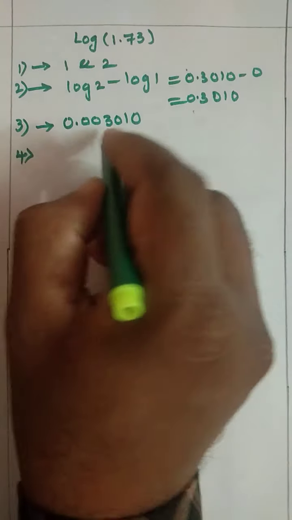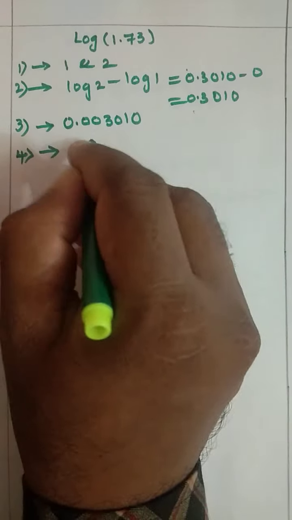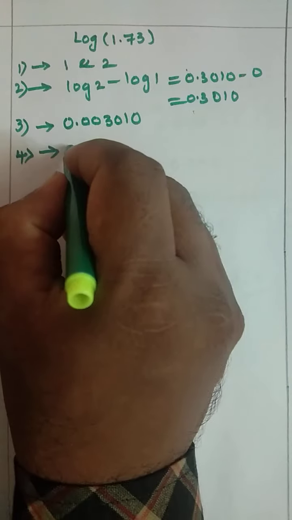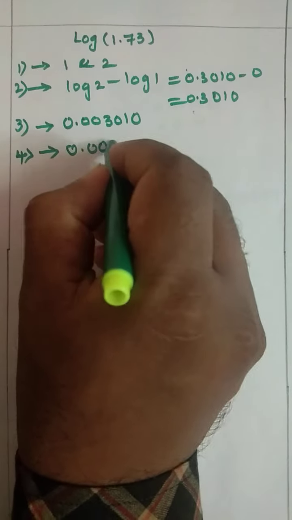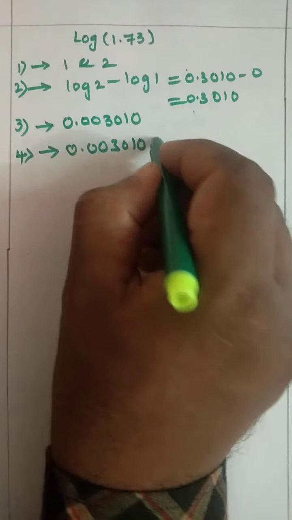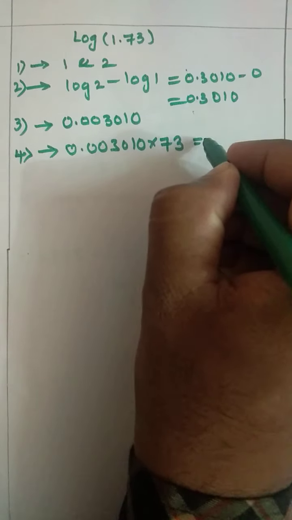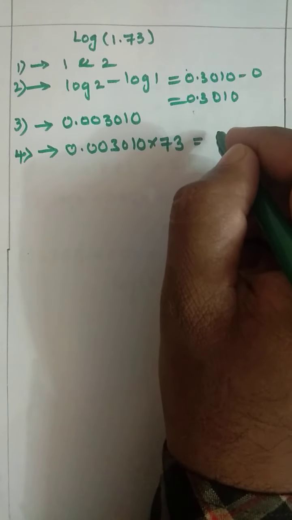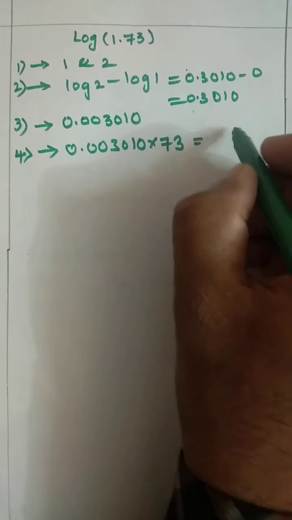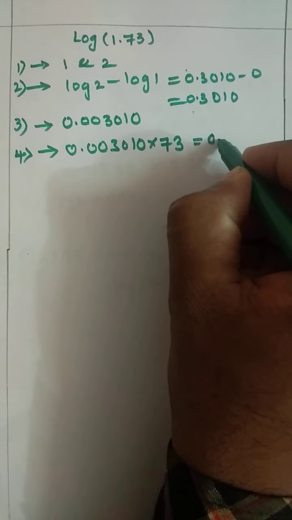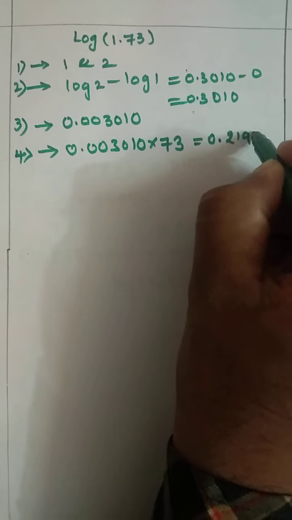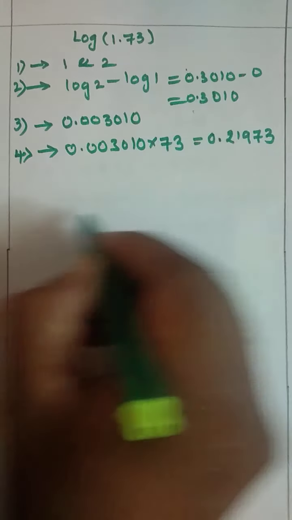Then the fourth step, the above answer should be multiplied by the number which is present after the decimal point. So 0.003010 should be multiplied by 73. So it is equal to how much? We'll get 0.21973 after multiplication.